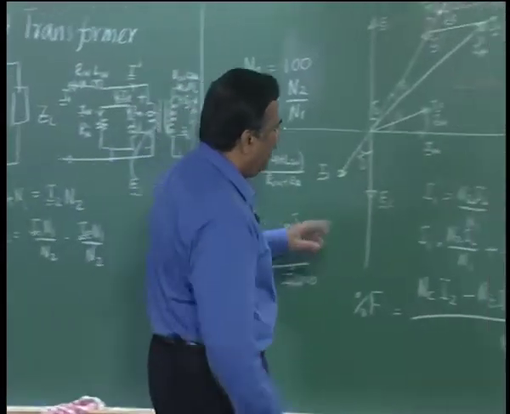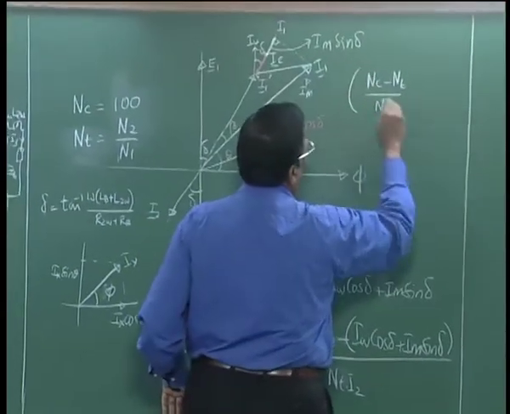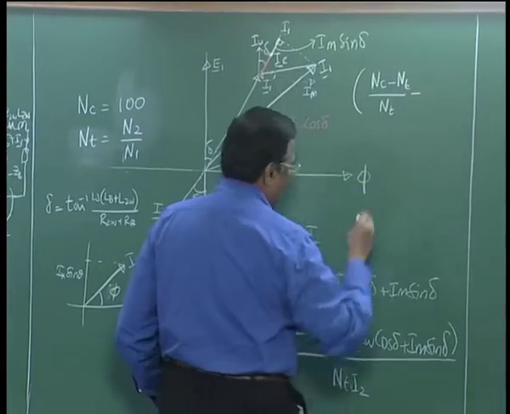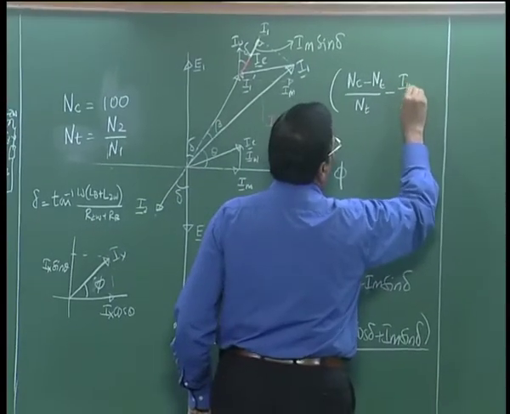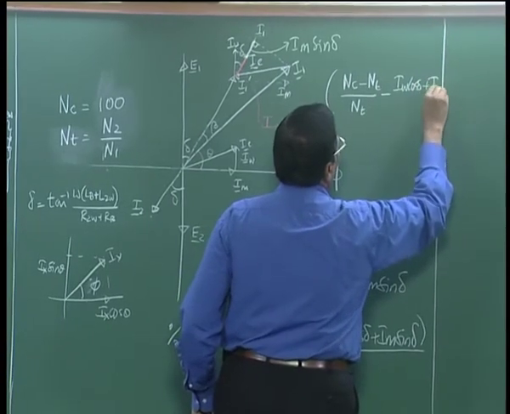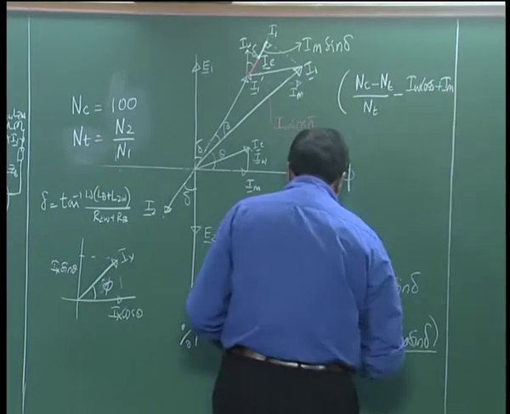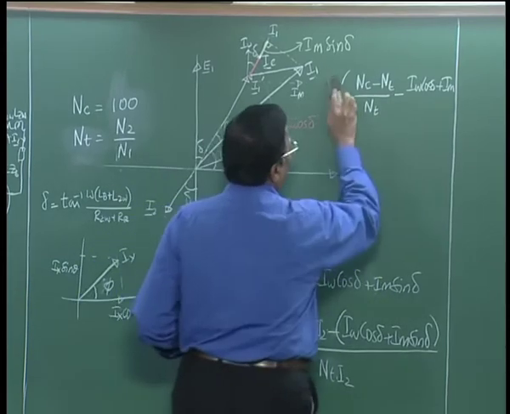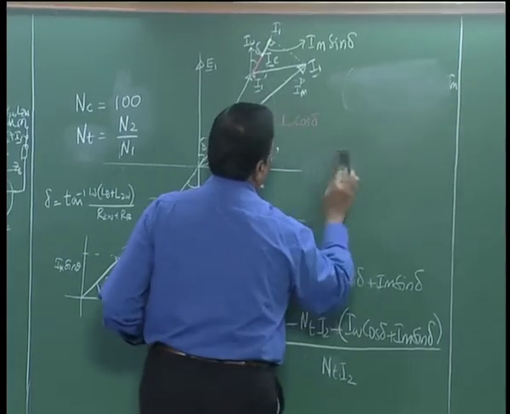So, into 100 minus IW cos delta plus IM, oh I think I have run out of space, let me write it here.